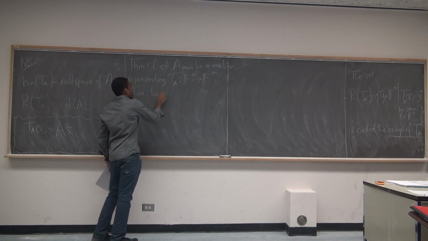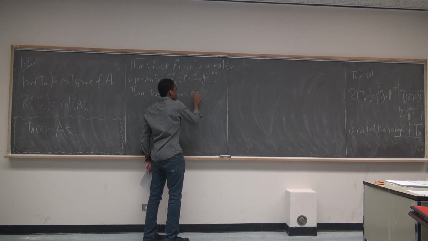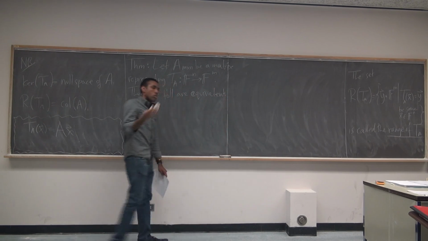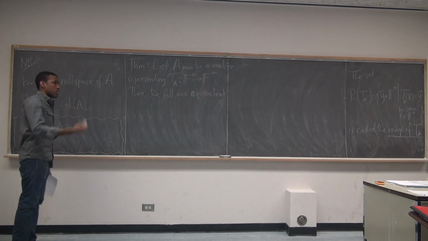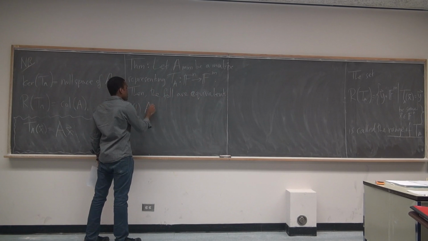Then the following are equivalent. Meaning they're all true or they're all false at the same time. 1. A is invertible.